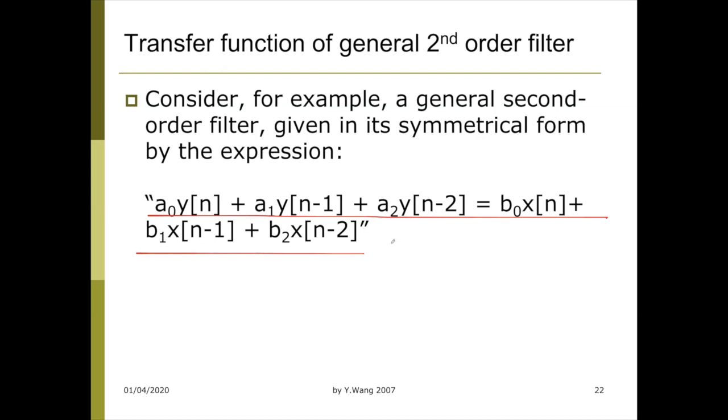It looks like an IIR filter, but it also can be converted into an FIR filter if A1, A2 are equal to 0, because something multiplied by 0 is also 0. So you only have the input terms here. So it can be FIR or IIR in terms of the mathematical equality.